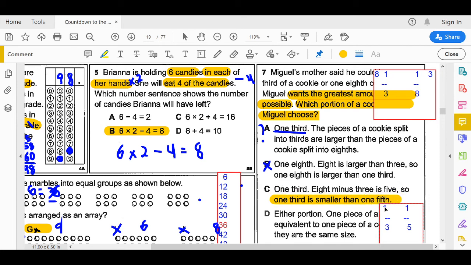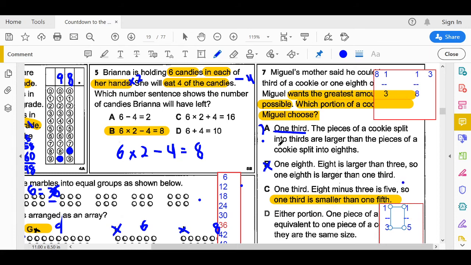Let's check. What is 1 times 5? Cross multiplication, butterfly method. 1 times 5 is 5, and 1 times 3 is 3. So that is false because we know that 1/3 is actually bigger. It is larger than 1/5. Okay?